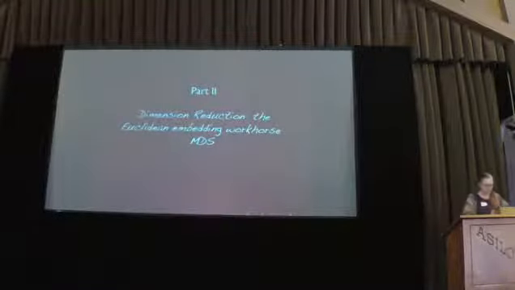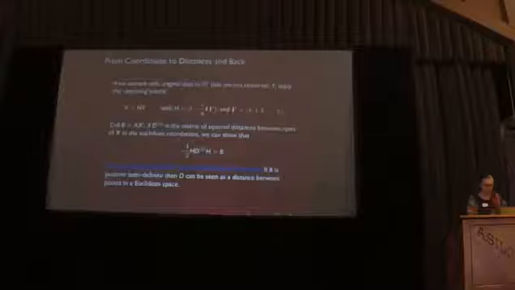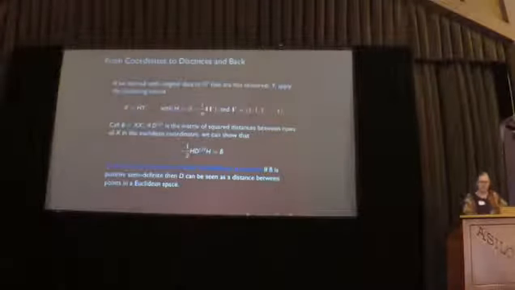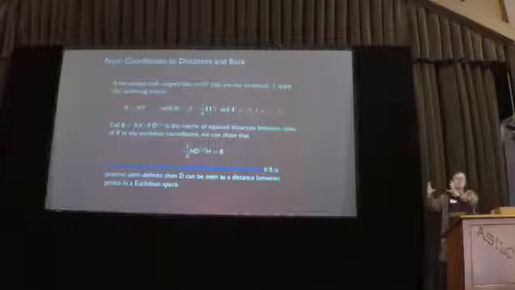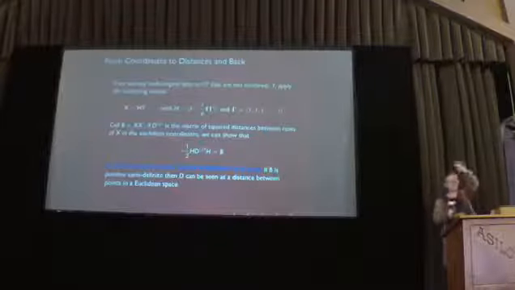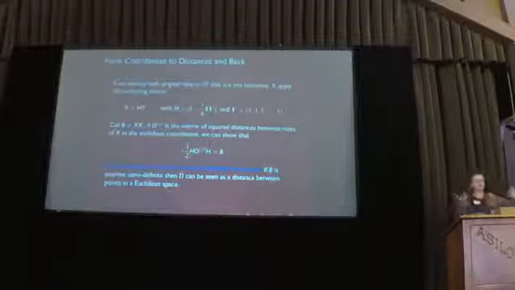It's called multidimensional scaling. It's an old method which was originally mathematically defined by Schoenberg in the 1930s. And it allows you to go from a distance matrix to some coordinates in a Euclidean space so that you can make a representation of the points in a low-dimensional space.